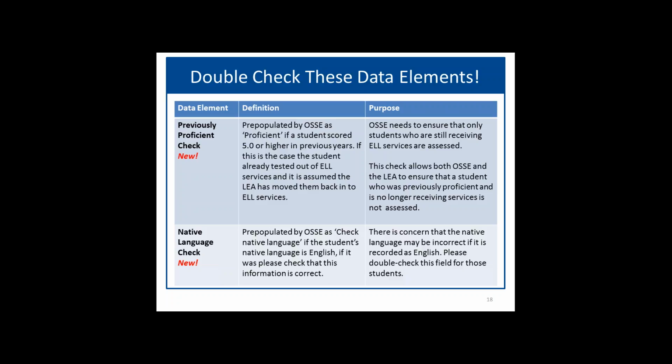So this is just a flag for your LEA to check and see if that student is actually supposed to be tested. Have they been exited and should not actually be identified as an ELL, or have they been returned to EL status by your LEA? That decision is something you have to make at the LEA level.